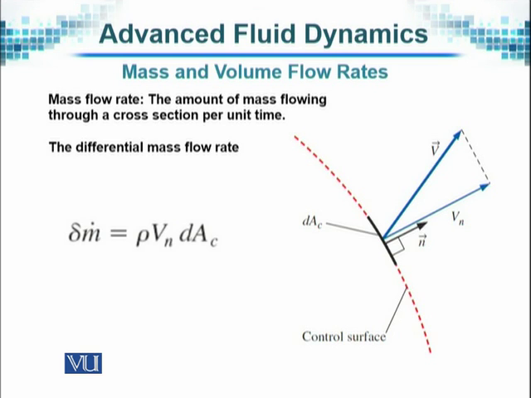And the mass flow rate is the amount of mass flowing through a cross section per unit time. So in our calculus, as you know, if we want to calculate something, we start by considering a small variation, which we sometimes call an infinitesimal variation, and we denote it by different Greek alphabets.